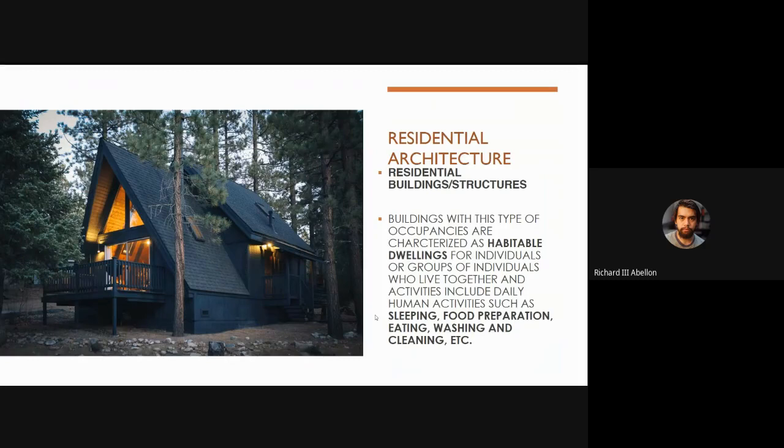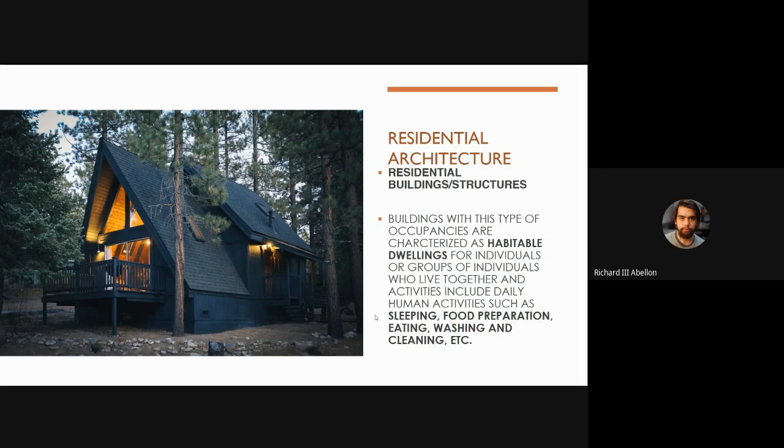So ang i-discuss natin is residential architecture since we are in Design 1. When we say residential architecture, it talks about residential buildings as well as the structures. Residential buildings, buildings with this type of occupancies, are characterized as habitable dwellings. If you remember our lecture on habitable rooms and spaces, habitable dwellings means people stay for a long time, wherein you live in the building.